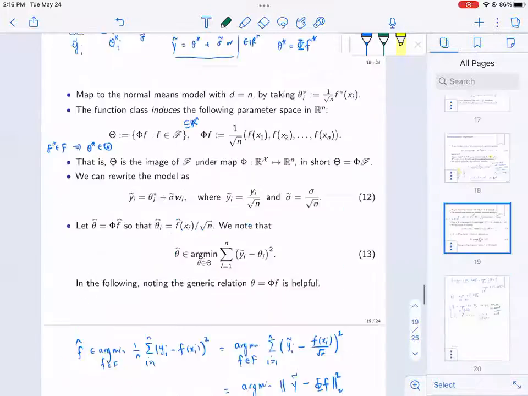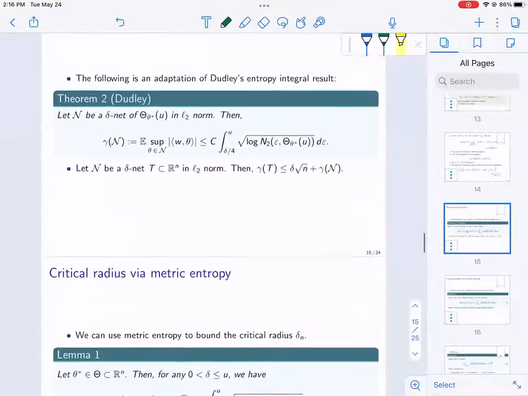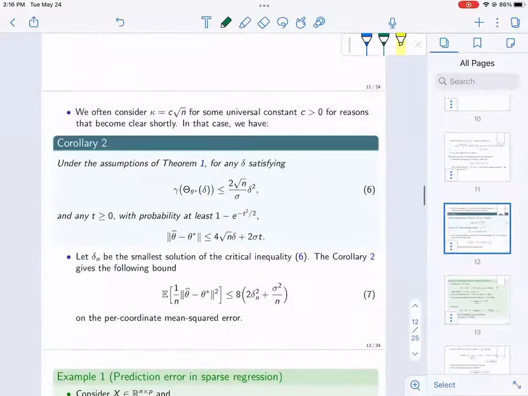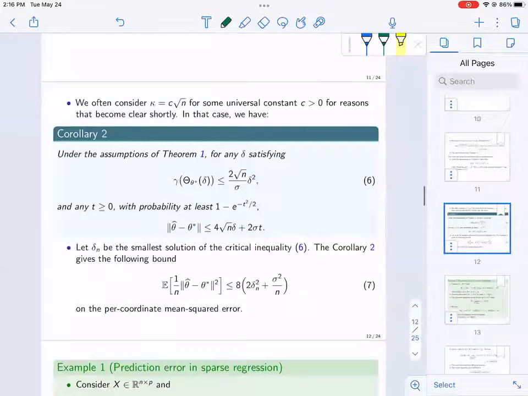So if you recall, the results that we had allowed you to connect the behavior of this estimator to the solutions of this critical inequality. We looked at the smallest delta that satisfies this.